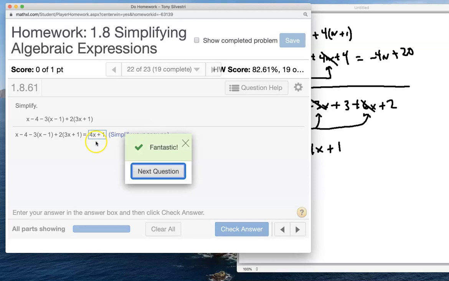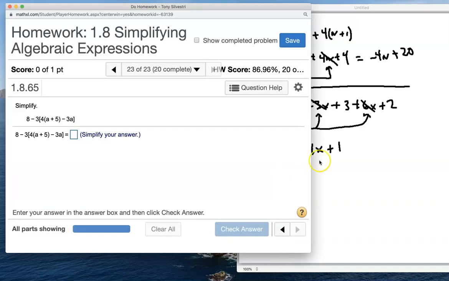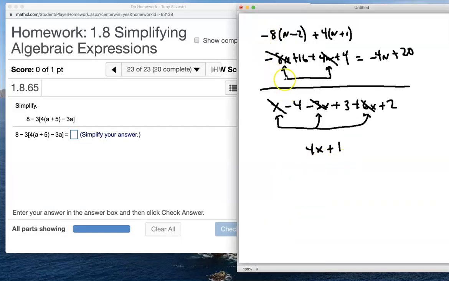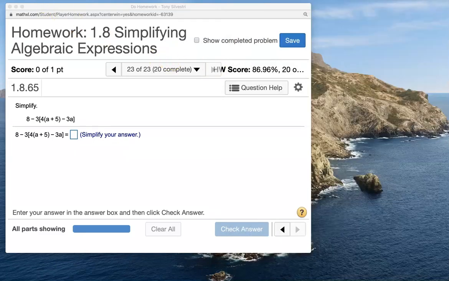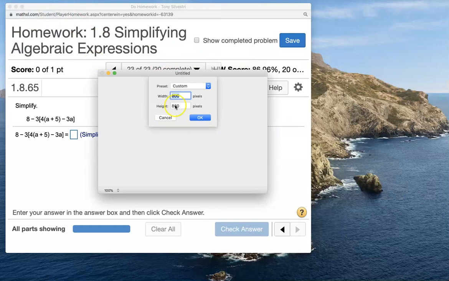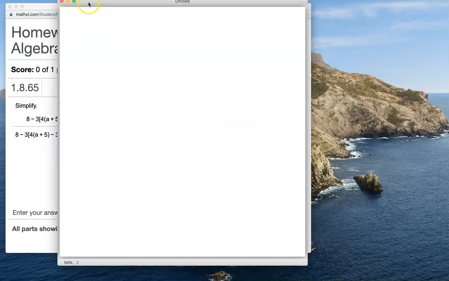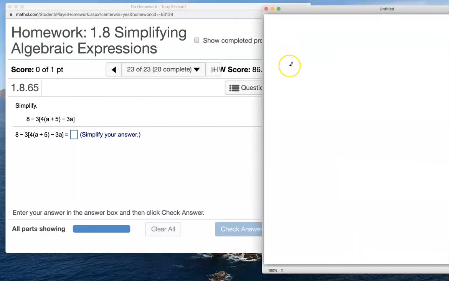Okay. And the last one, the mother of all problems. Oh my God. Let's put it up here. Don't save. File, new. All right, new sheet of paper, new problem. Jeez, I'm going to have to write this down. The problem with this problem is we're nested.